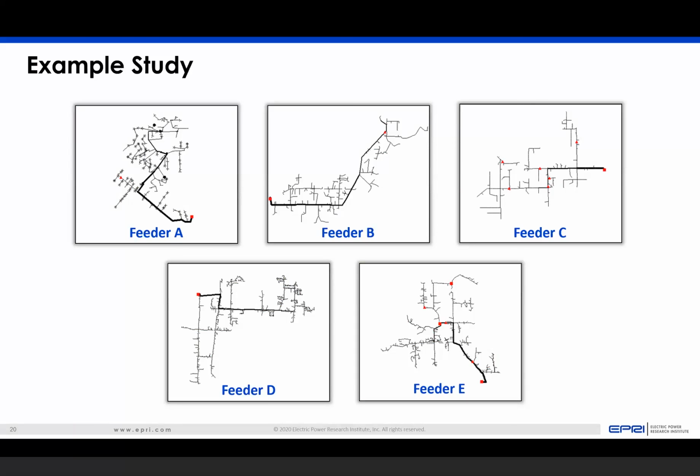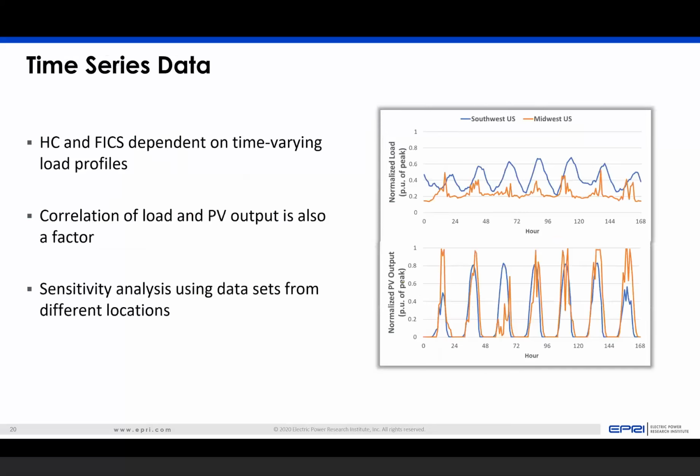So we actually studied the flexibility at every node in each of these feeders to create a large data set essentially for us to look at. In this case, we looked at time series analysis, so we're performing hourly simulation to analyze the flexibility at each of those nodes. If you go to the next slide, Nadav, please.